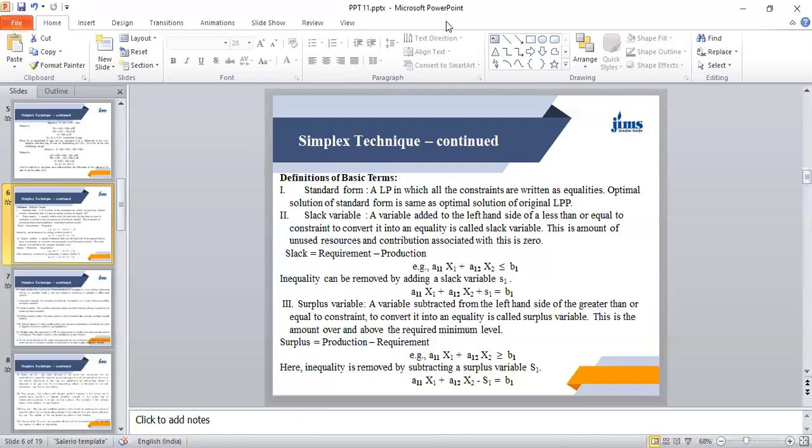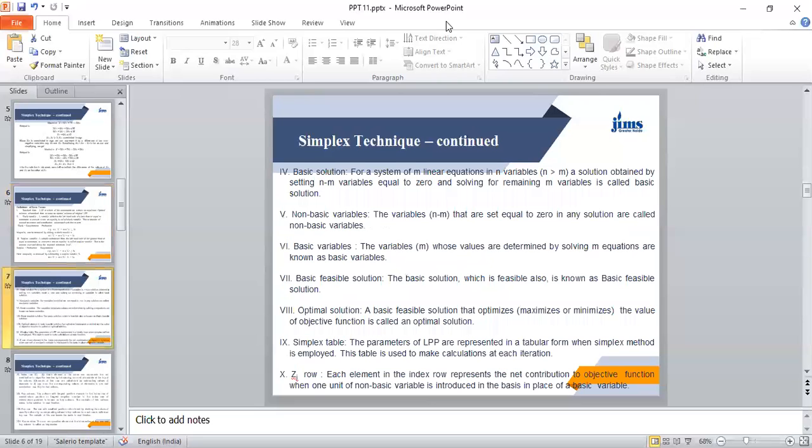So what we have learned here is that slack variable is used to convert the less than or equal to type of inequality by adding something on the left hand side, while surplus variable is used by deducting something from the left hand side to make it equal to the right hand side, and this is done to convert the greater than or equal to sign to the standard form.